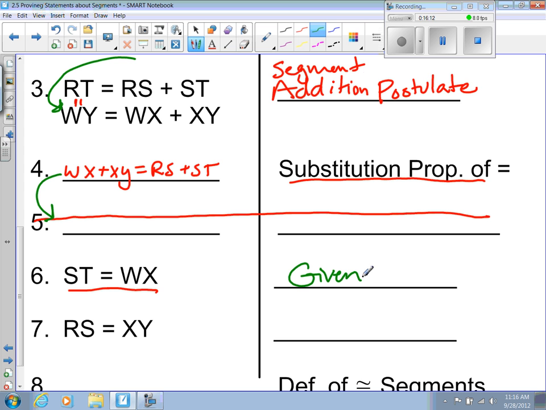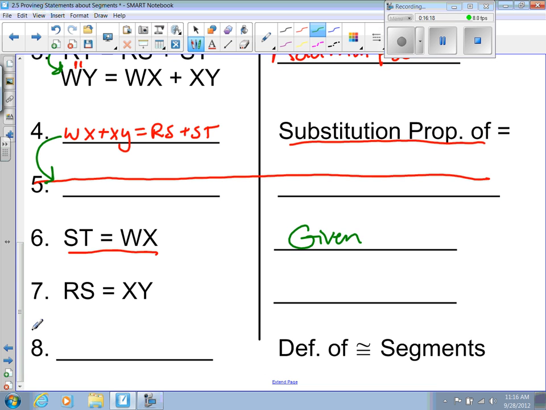Okay, so I use my first given, I use that segment addition postulate from the picture, using another given, and now it's going to work a little bit better because I have ST over here and WX right here. So how do I get XY and RS by themselves? XY equaling RS?